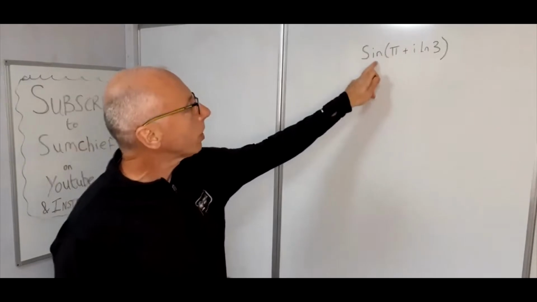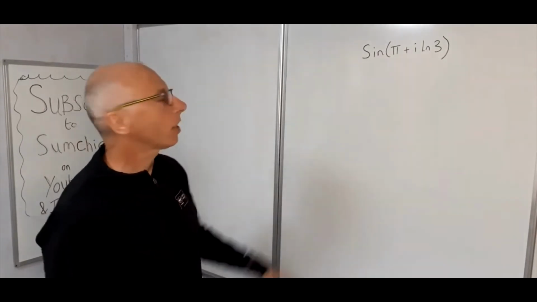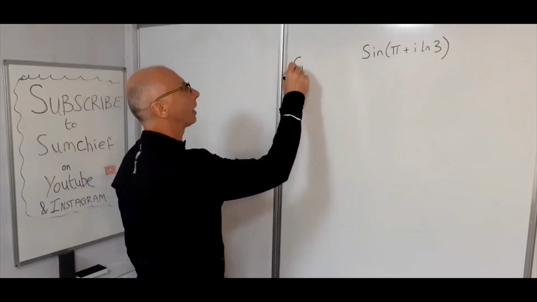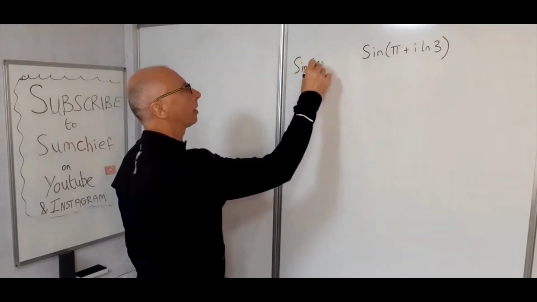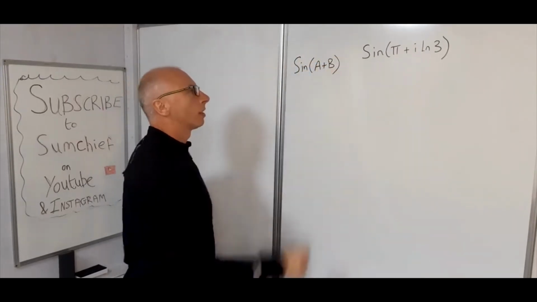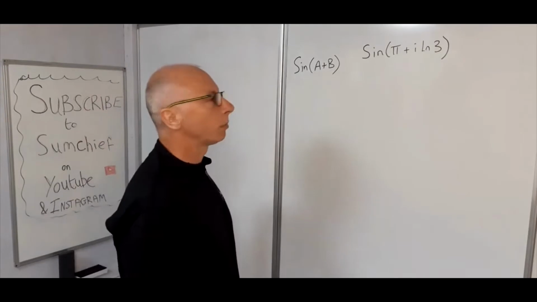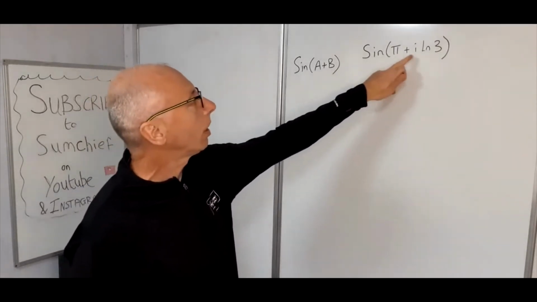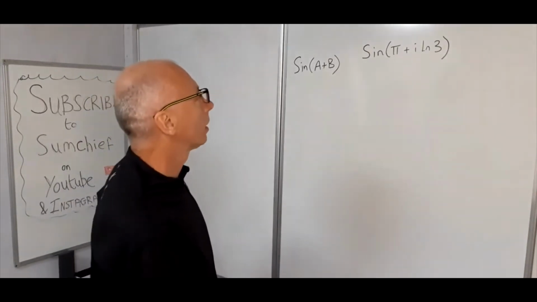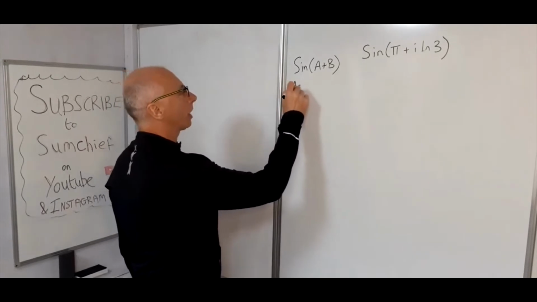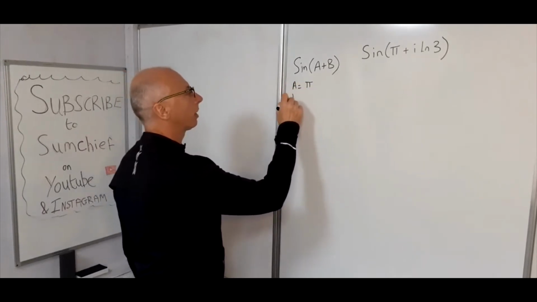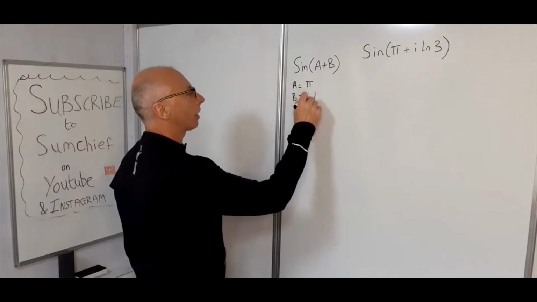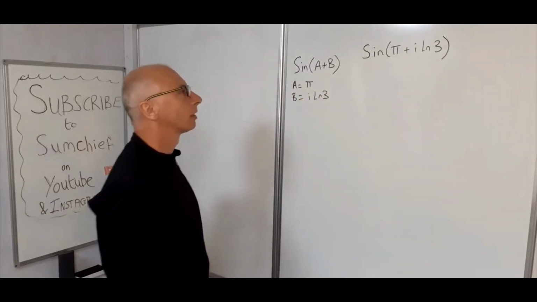So we can see straight away that the sine function is in the format A plus B. So it looks like we're using the double angle formula for sine, where we've got a pi and an i natural log of 3. So we'll denote A equals pi and B equals i natural log of 3.